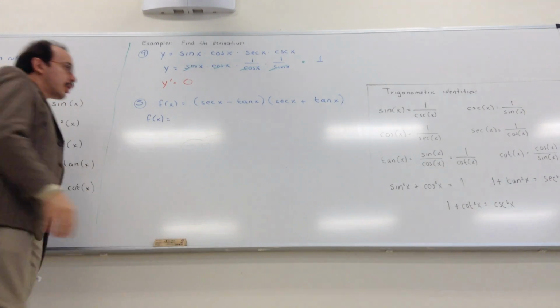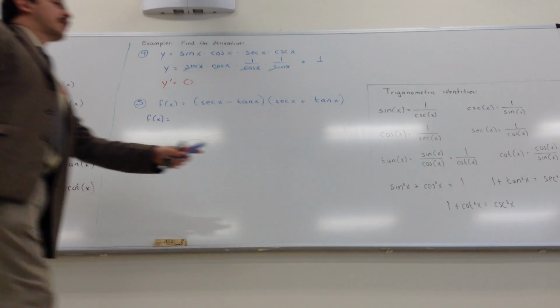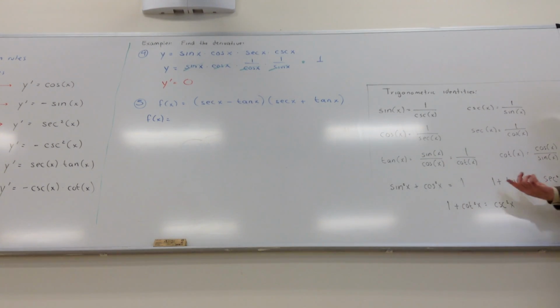Next one. You have secant minus tangent times secant plus tangent. Again, you have a product, so do something with that. Can I multiply those two binomials? Yes. But the formulas have squares, those formulas don't have squares.